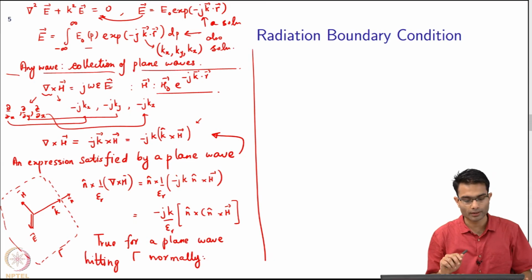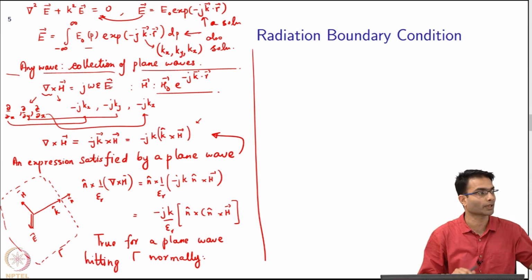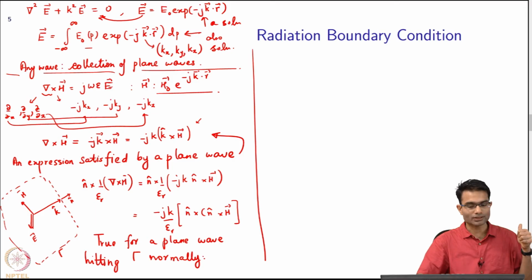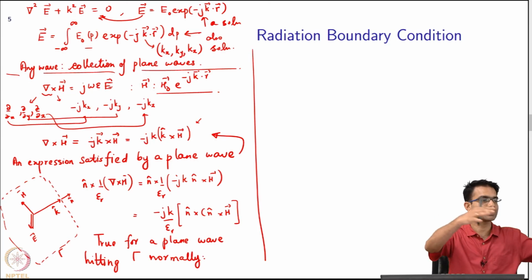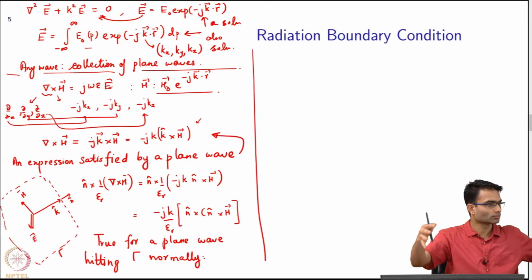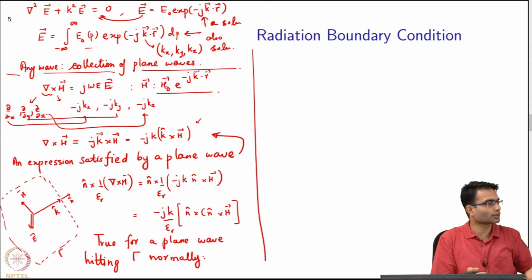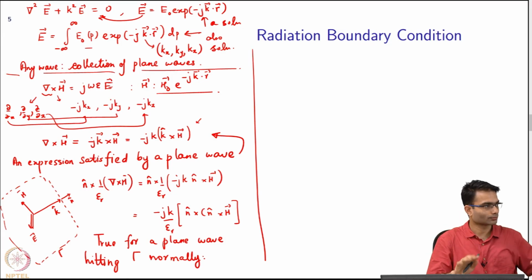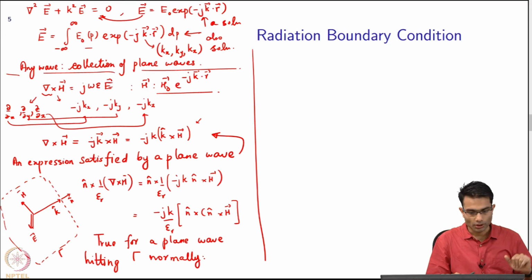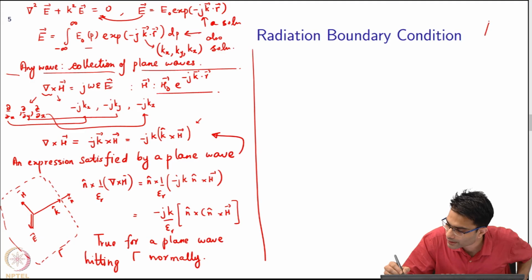But what I am talking about is, first of all I need to have a plane wave, and next the plane wave should be hitting the boundary normally. When we do FEM calculations, we will have the scattering object and surround it by some amount of vacuum and then terminate the computational domain. Let us say this is my aircraft over here.